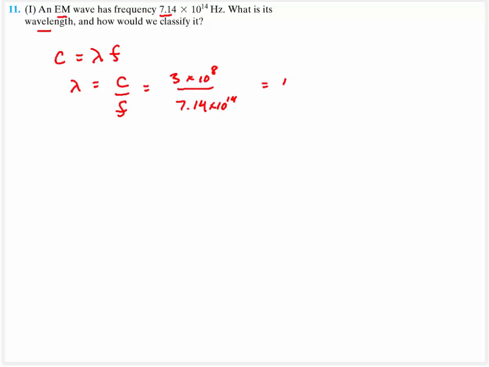It's going to give me 4.2 times 10 to the negative 7th meters, or 420 nanometers. Go ahead and take a look at a spectrum, and you're going to see this is actually in the visible light, and it's going to be the color violet.